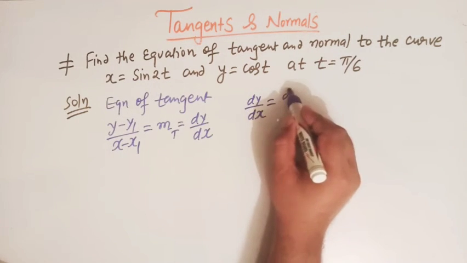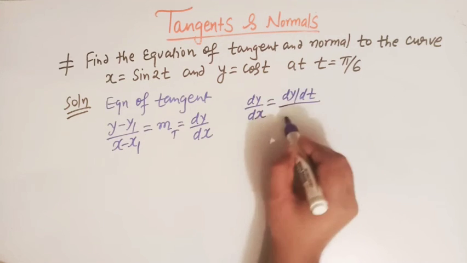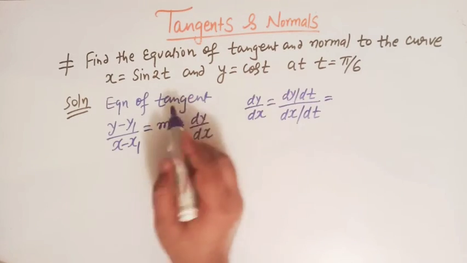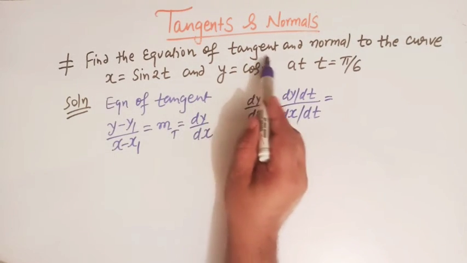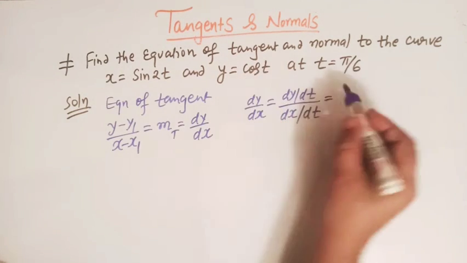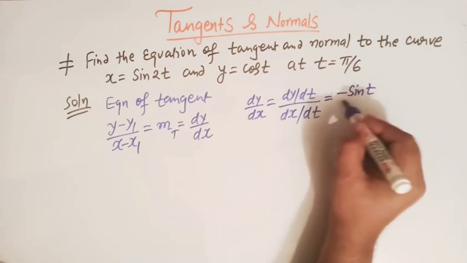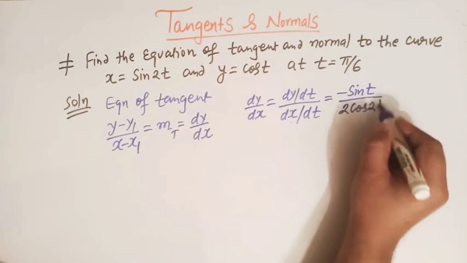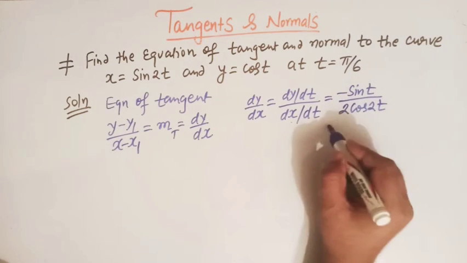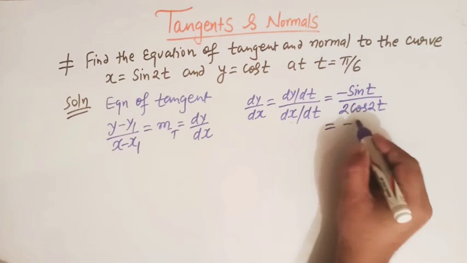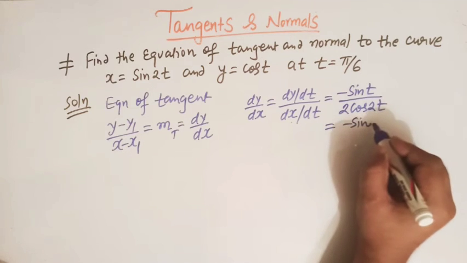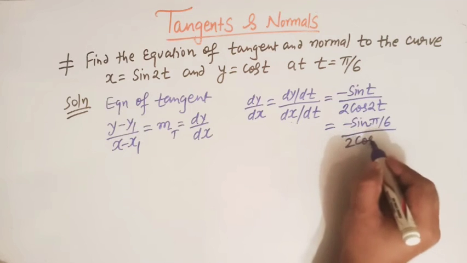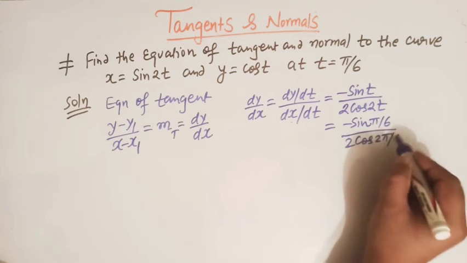Now let us find dy over dx. So dy over dx is dy over dt divided by dx over dt. Now dy over dt is calculated from this, so we have minus sine t, and dx over dt is 2 cos 2t, right? Now at t equal to pi by 6, we have minus sine pi by 6 divided by 2 cos 2 pi by 6.